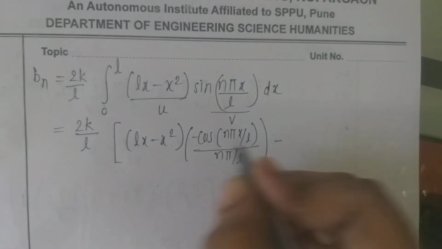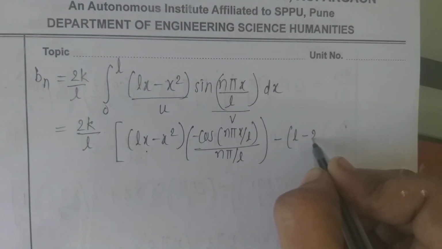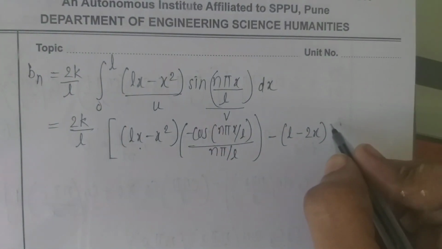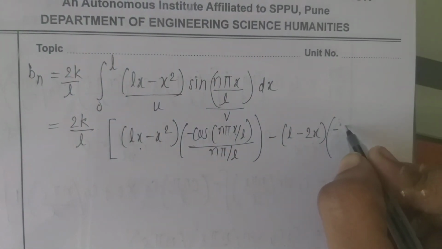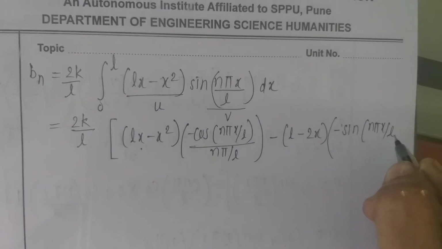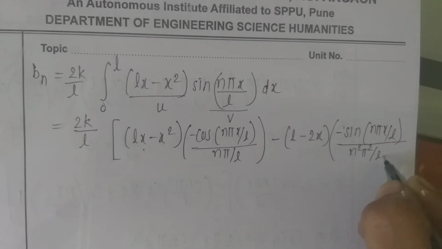Minus, second term is minus the derivative of the first term. The derivative of Lx is L and the derivative of x square is 2x, multiplied by the integration of the same bracket, which is minus of cos, whose integration is sine n pi x by L divided by n square pi square by L square.